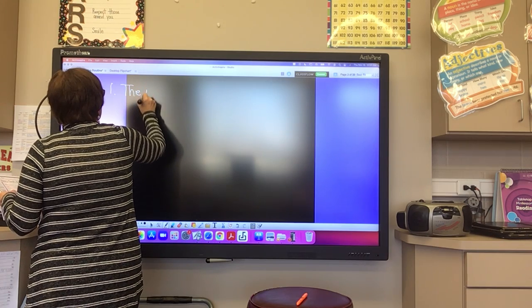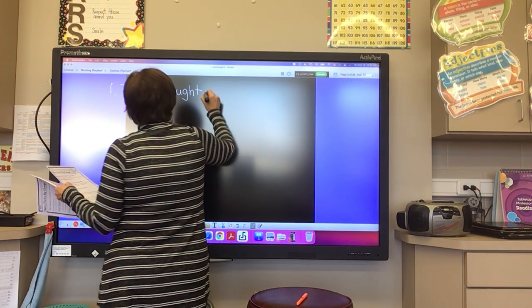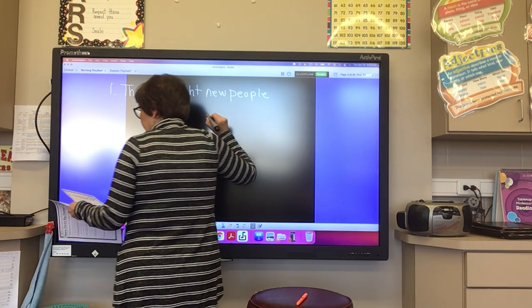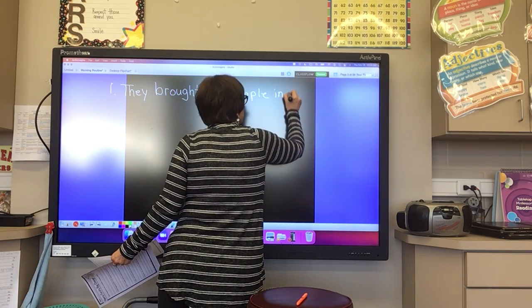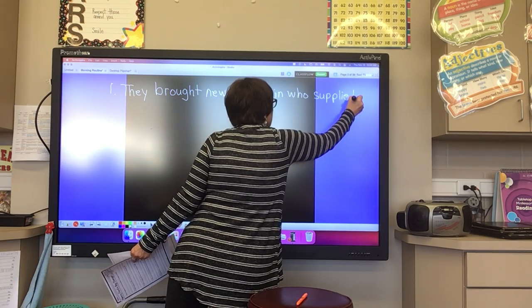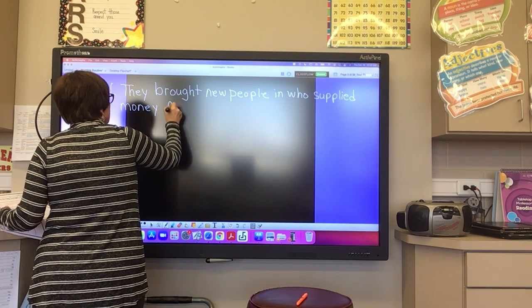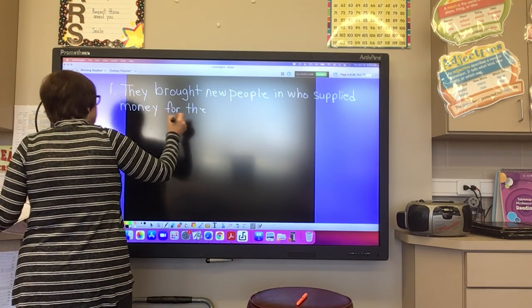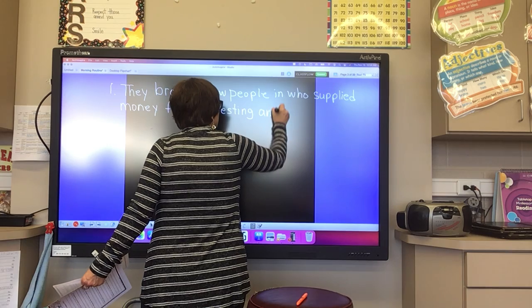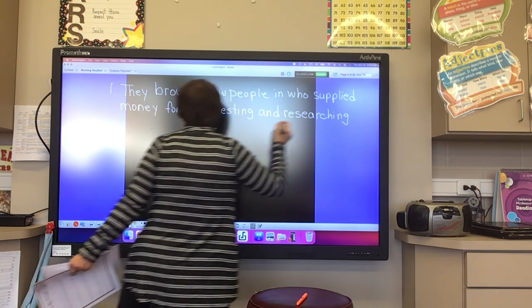We'll say they brought new people in who supplied money for the testing and researching of new engines.